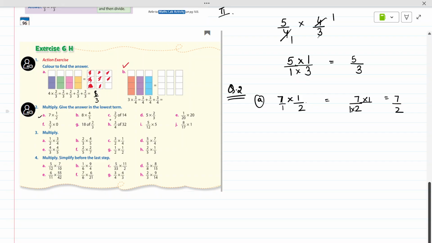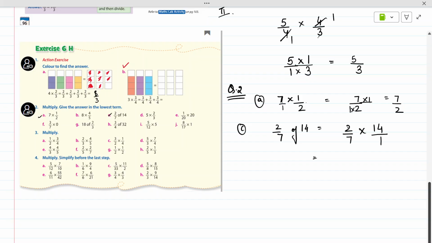Now let me do the C part. It says 2 by 7 of 14. Whenever we write of, that means multiplication. What we are saying is we have to find the 2 by 7th part of 14. We do not have anything in the denominator of 14, so we will make it 1.